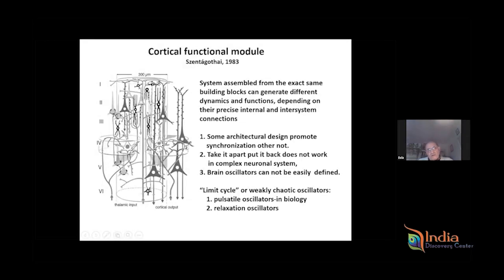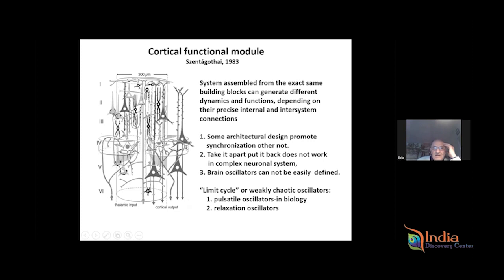Going this way, Szentagothai, a Hungarian anatomist, also noticed this vertical orientation, and he proposed a kind of functional module which is vertically oriented. There are two parts of this module.